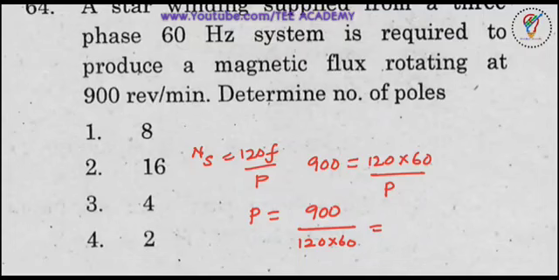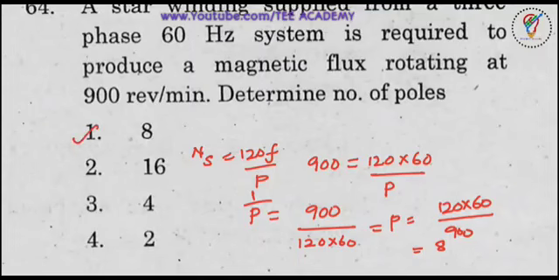Sorry, I made a mistake here, it is reversed. So P is equal to 120 into 60 divided by 900, please make it correct, and this will be equal to 8. So among the options, 1 is the right option for this question.